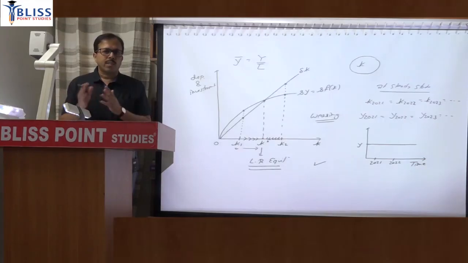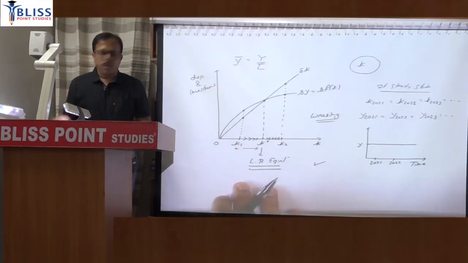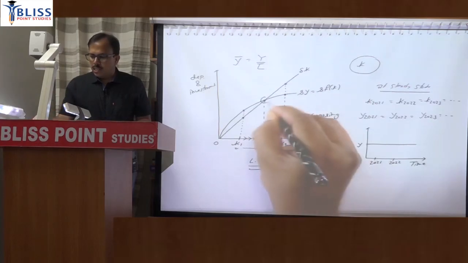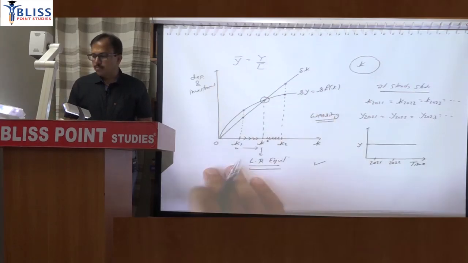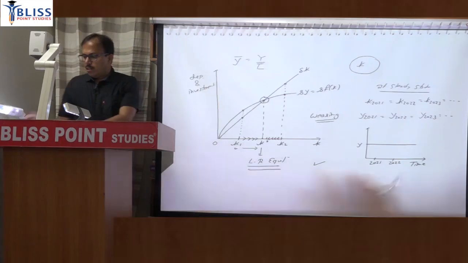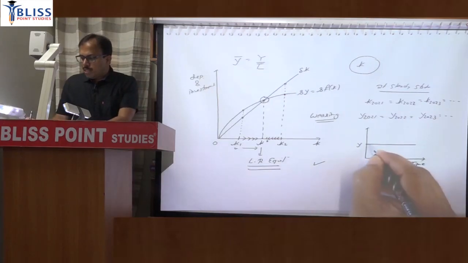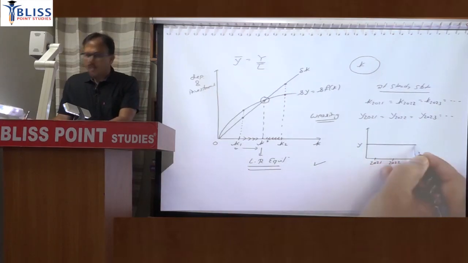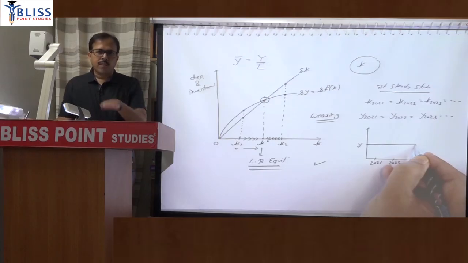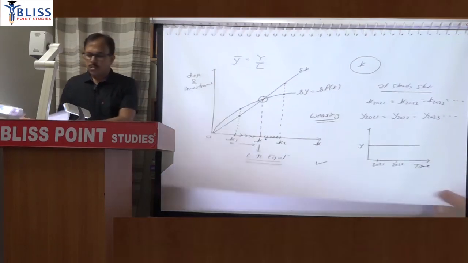So there is no growth in GDP, there is no growth in GDP per capita at steady state. Clear? Now, if economy is at steady state, that means the growth path is flat. There is no growth when economy is at steady state. So when will there be growth?